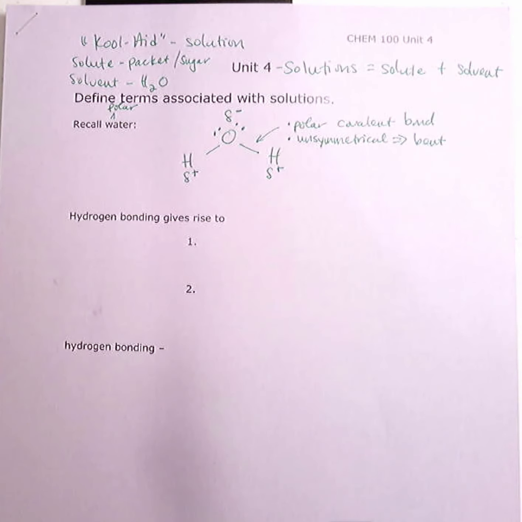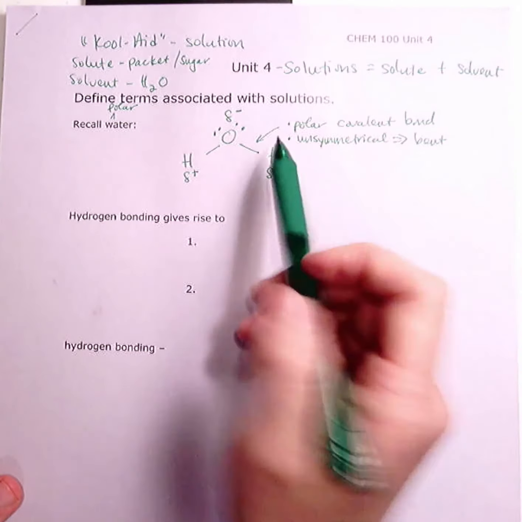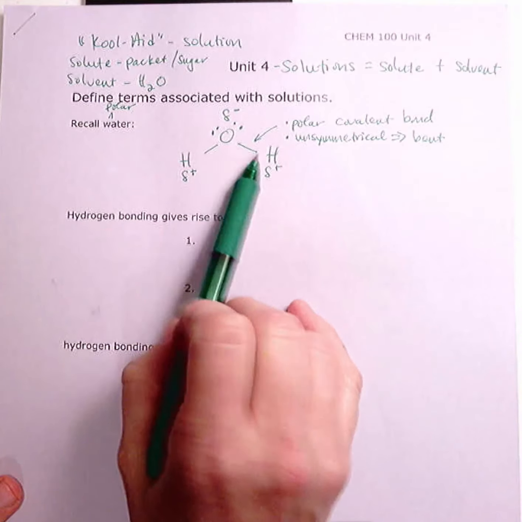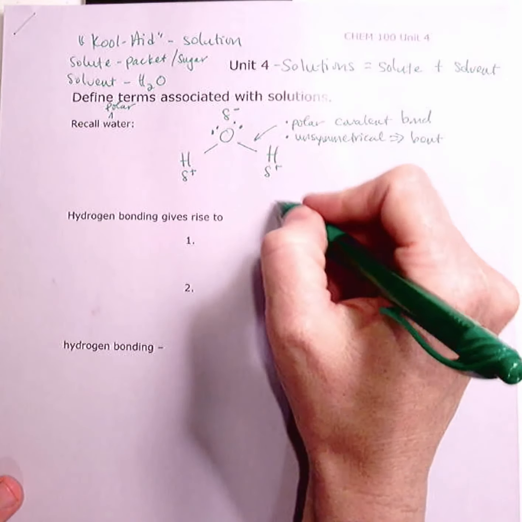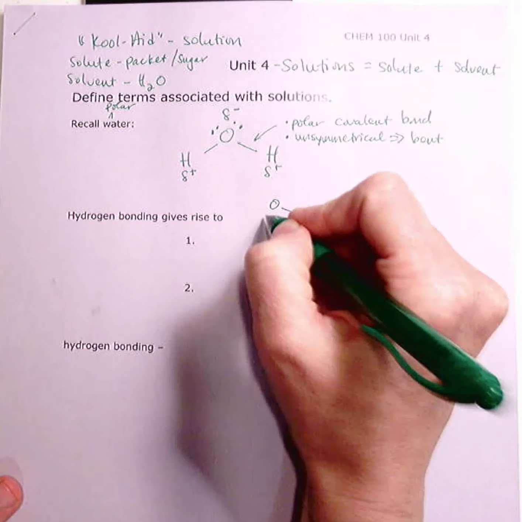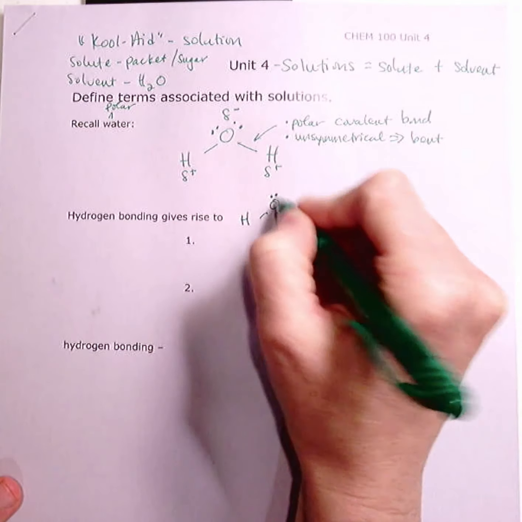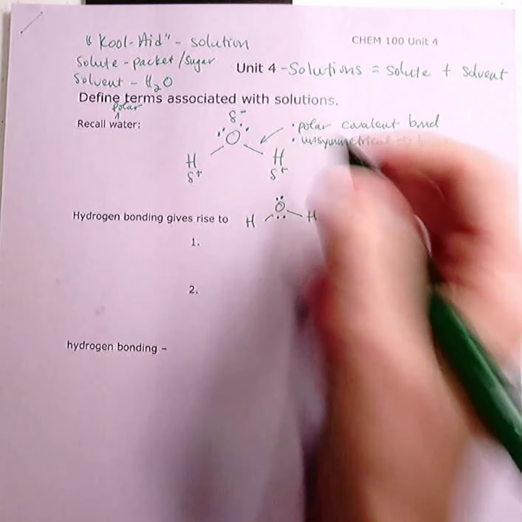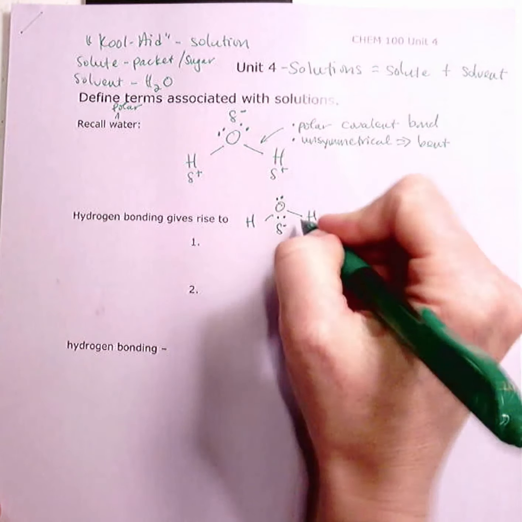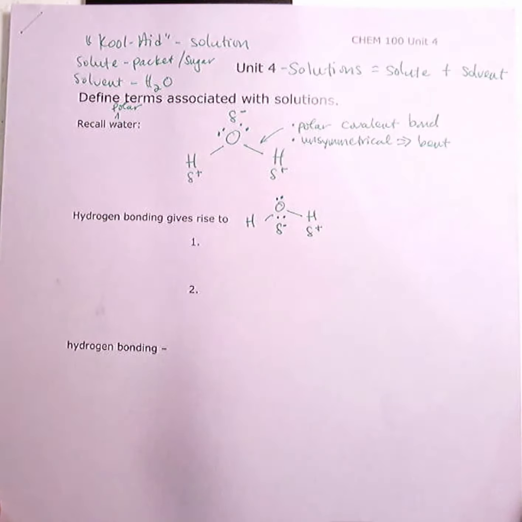So it turns out that water has a special type of bonding that it displays. It's called hydrogen bonding. And hydrogen bonding is not this bond here. Hydrogen bonding is the attraction of a hydrogen attached to an electronegative atom, O, N, or F, and another nearby oxygen, nitrogen, or fluorine atom.